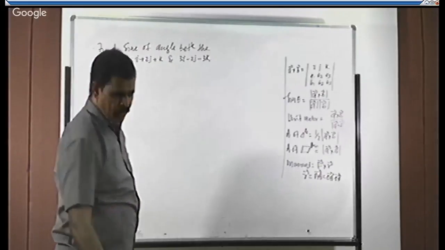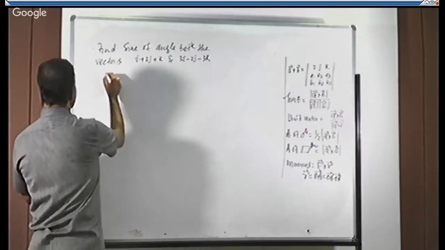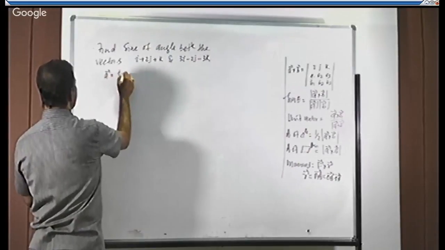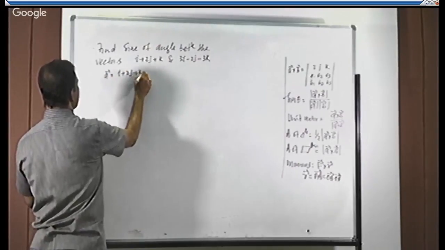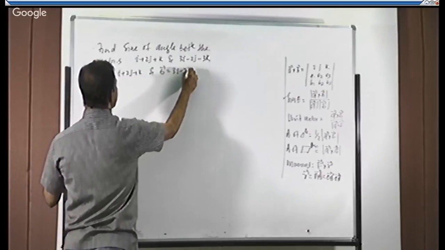There are two vectors. You take them as A and B. The vector A is equal to what? i plus 2j plus k and B is equal to what? 3i minus 2j minus 3k.